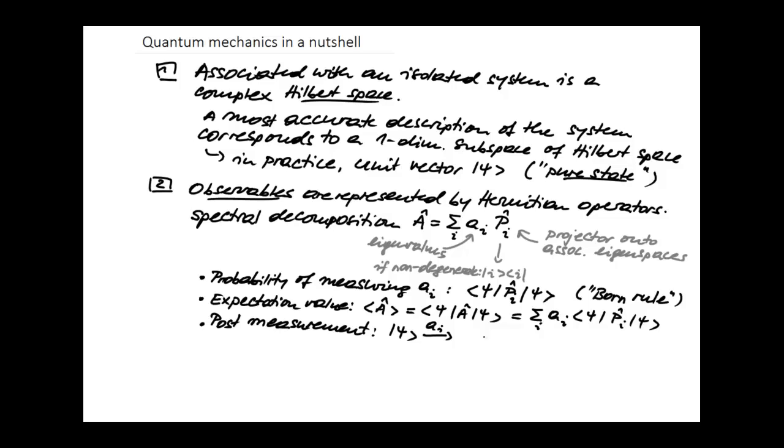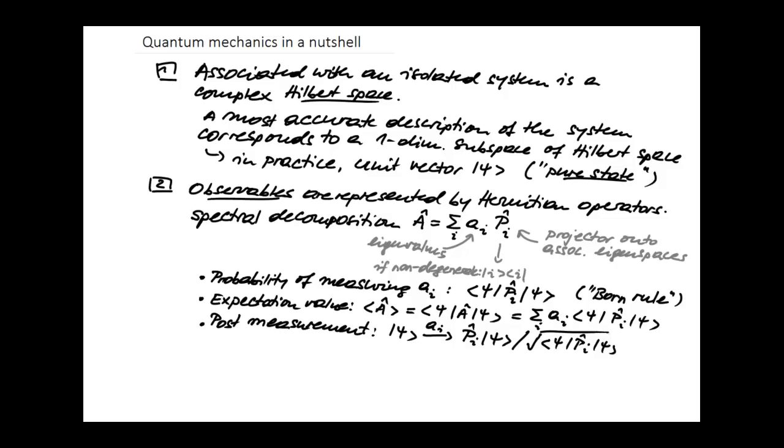So you apply a projection operator Pi to your original state, and then it's projected onto the eigenspace. And then you have to make sure that the new state is normalized. So for normalization, you have to divide by the square root of <psi|Pi|psi>. And this ensures that the new state is again normalized.